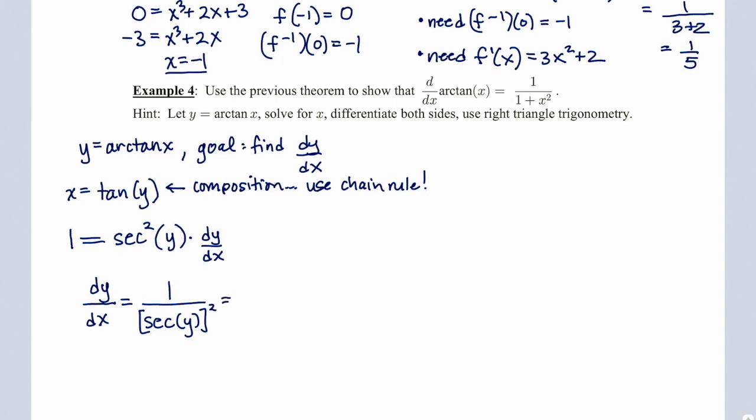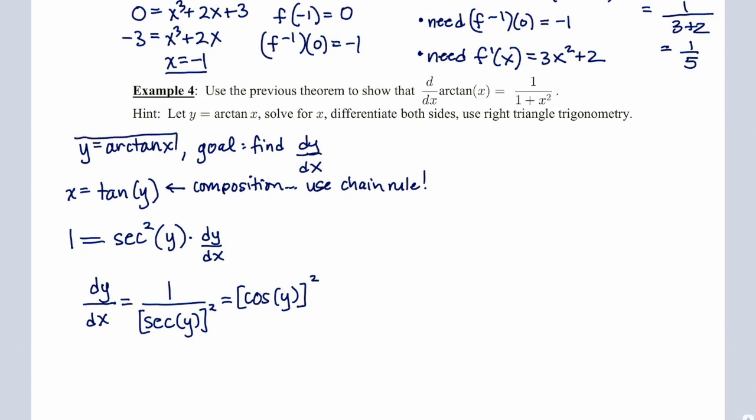And then I can say, but that looks complicated because the secant in the denominator is the same as cosine in the numerator. So now I can say the derivative of y with respect to x is cosine of y squared. But I don't want y's in my answer, I want x's in my answer. So let's make a picture.